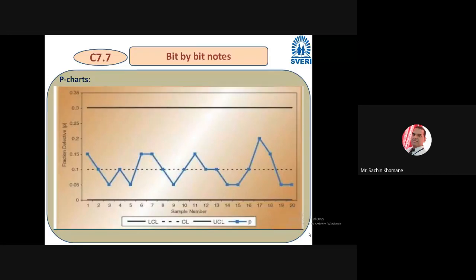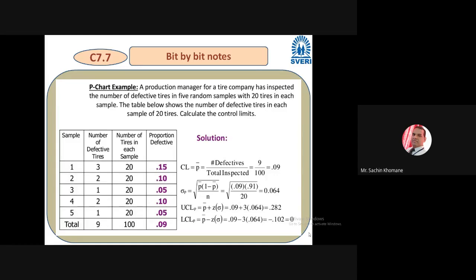They have drawn a dotted line. Approximately they have taken 0.1, the upper limit approximately 0.3, a round figure, and the lower limit is 0. Here it is for 20 readings. So just draw it and see the trend.